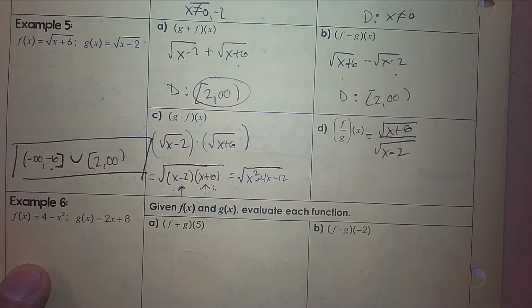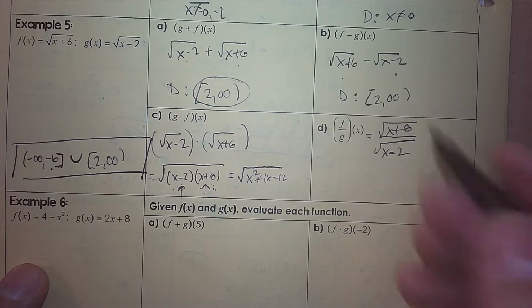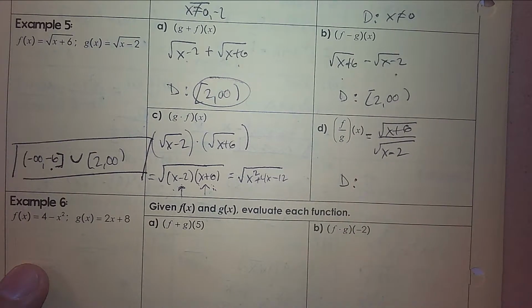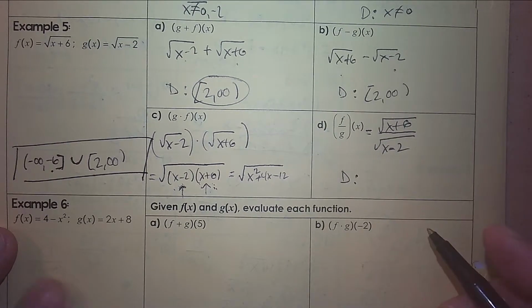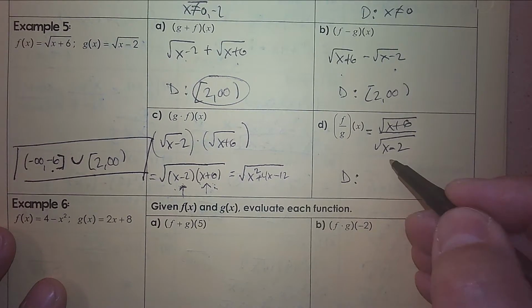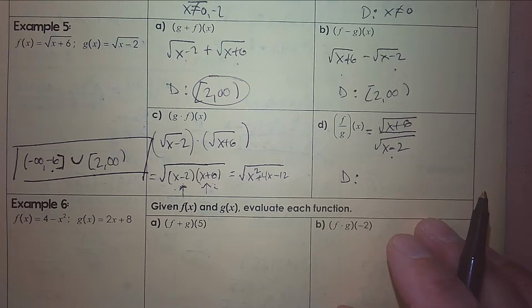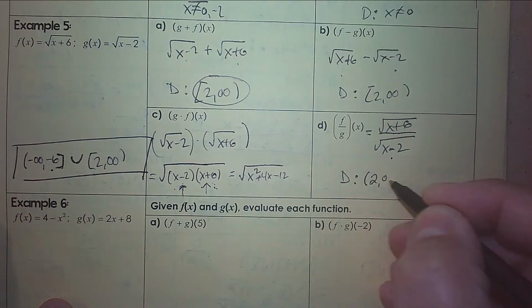But how do I think through the domain restriction? Now, because of the square root on top, I got to look at both again at the same time. So what's the 0 on top? Negative 6. What's the 0 on the bottom? So the bigger of those two numbers is 2. And instead of putting a bracket, I have to put parentheses.